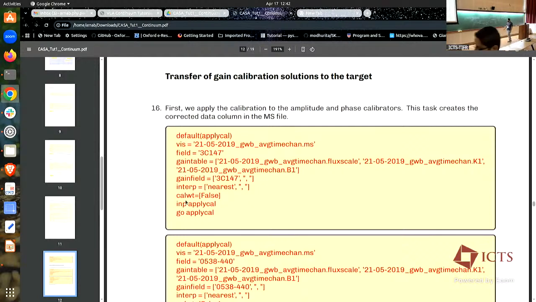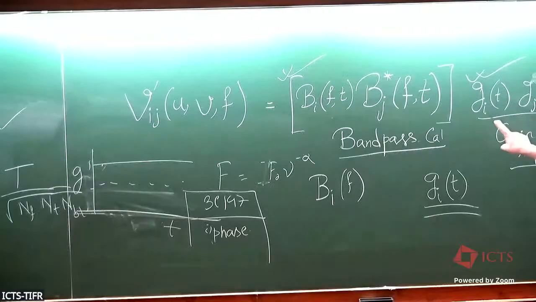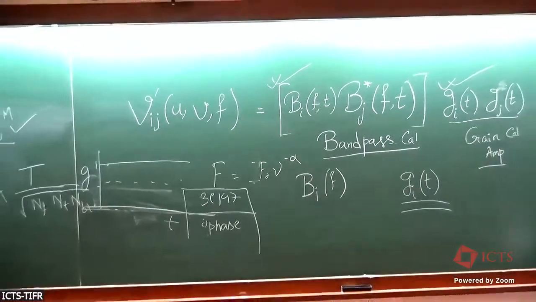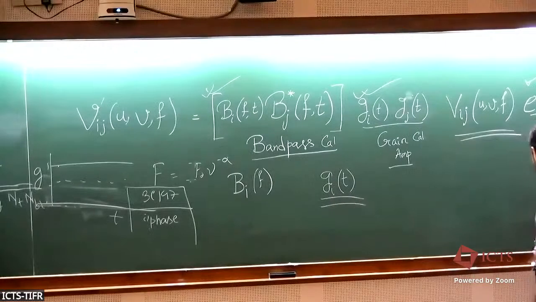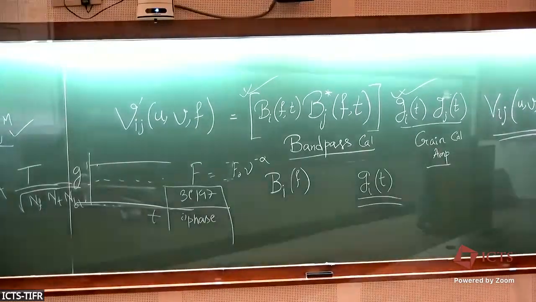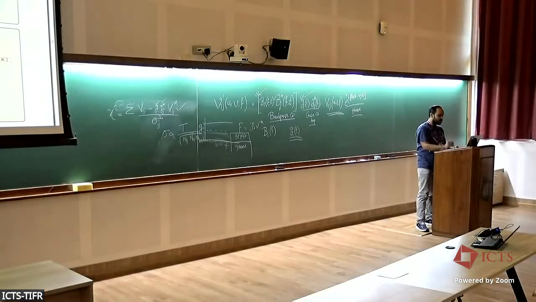Now we are applying this table to your measured data so that we can get the calibrated data back. So you are basically transferring your calibration to your different fields.